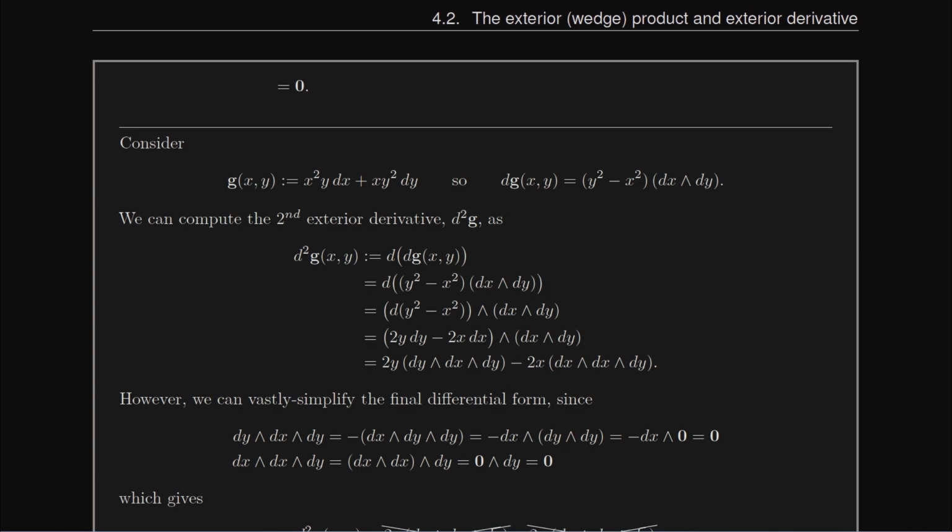In fact, this will stay the same no matter what the k-form is. So in this case, let's say I start with a 1-form, so now my exterior derivative is a 2-form, and let's go ahead and compute one more exterior derivative of our 2-form. If I compute one more exterior derivative, put a d out front here, all I have to do is put a d on the coefficient term at the cost of a wedge, and the d on the coefficient term here, y squared minus x squared, will of course give me 2y dy minus 2x dx, and then wedging against dx dy.